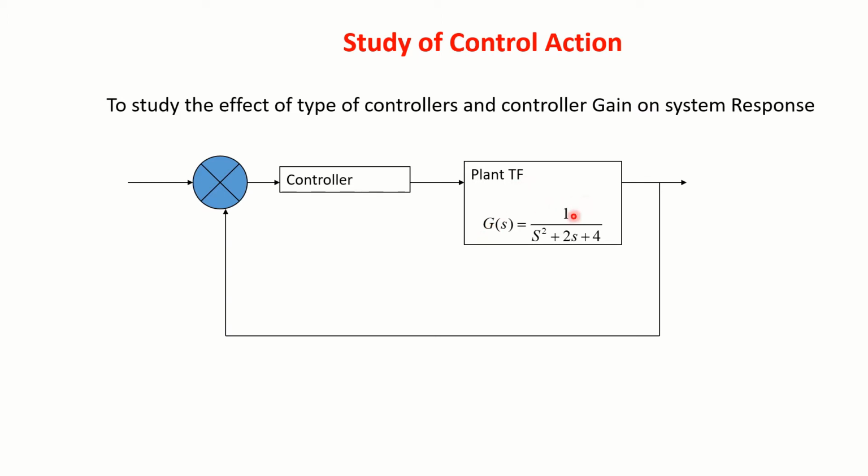I would like to see what is the action of the proportional controller, integral controller, derivative controller, proportional plus integral, and how exactly it changes the system response. Basically you play around to get an idea about how it affects the system response.